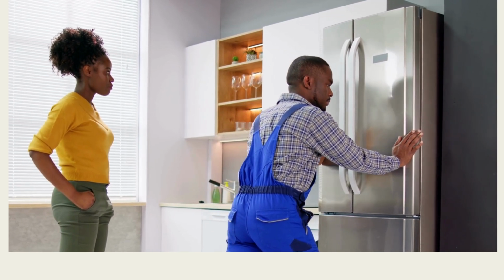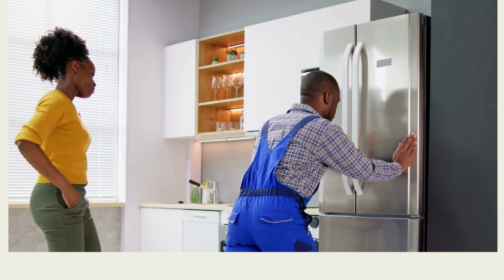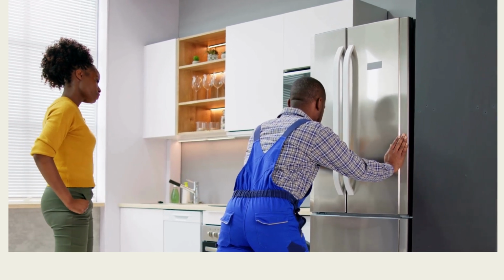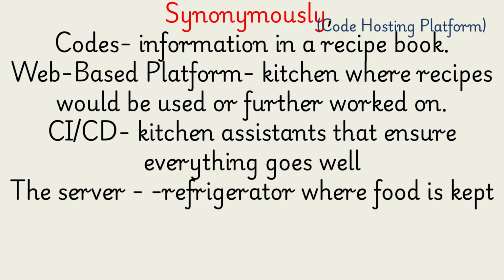In the same vein, our code can be likened to the recipe in the recipe book. The developers write this code on their computer in a code hosting platform, right? So the recipe book serves as the code hosting platform. The recipe that has been written is the code, right?